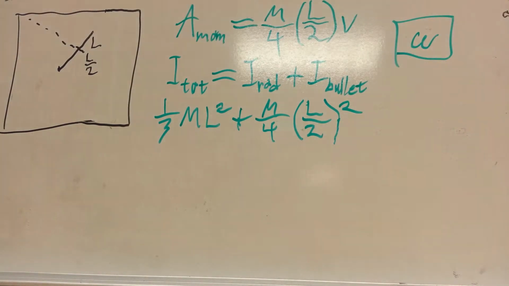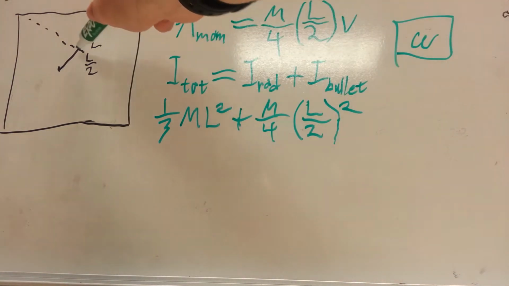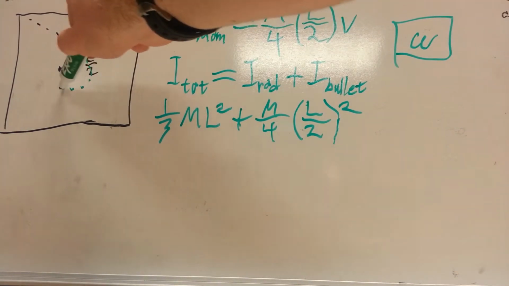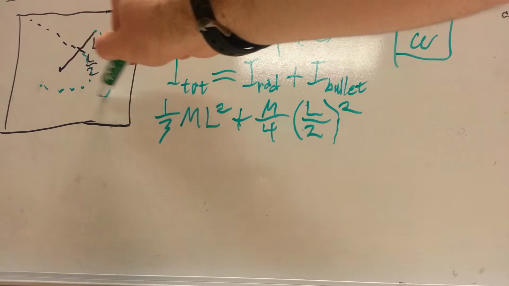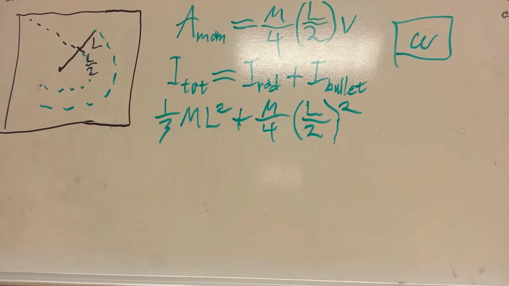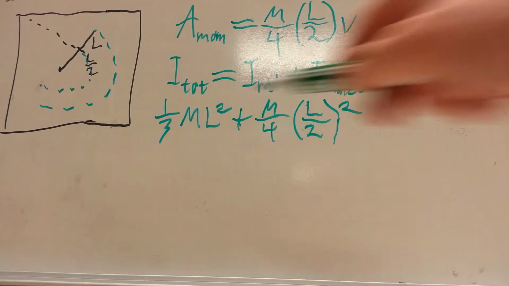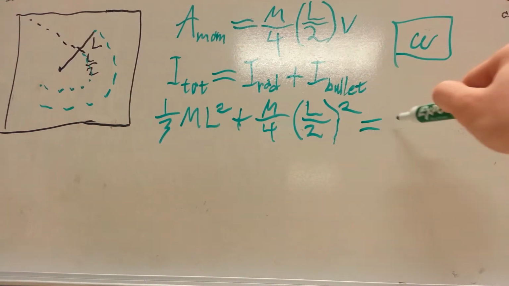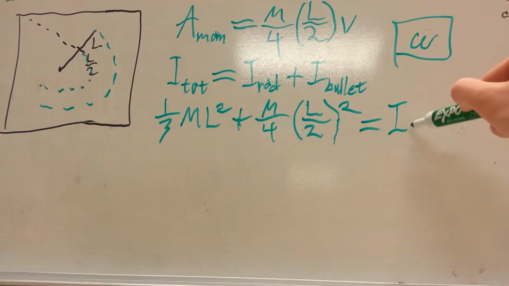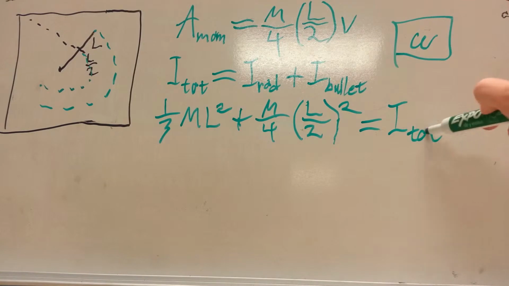Okay. And this is its radius, right, of how it's spinning. And the rod is spinning like this around it. Pretend that's a good picture. Okay, and then just add them up. And this is the moment of inertia of the system after the bullet is embedded in it, and it's been spinning.